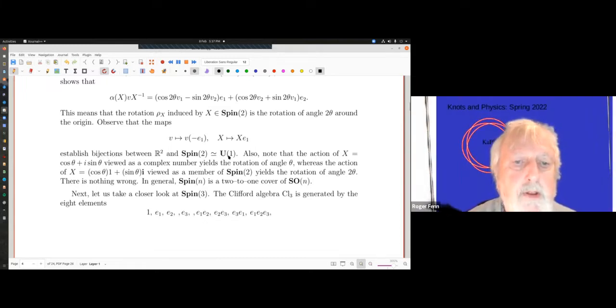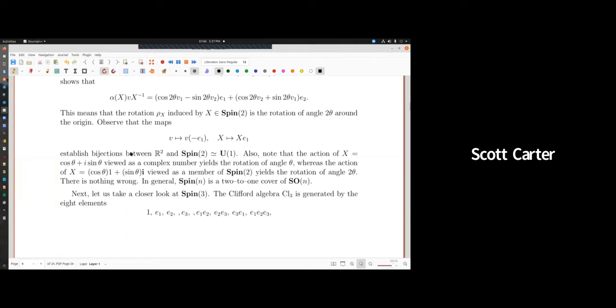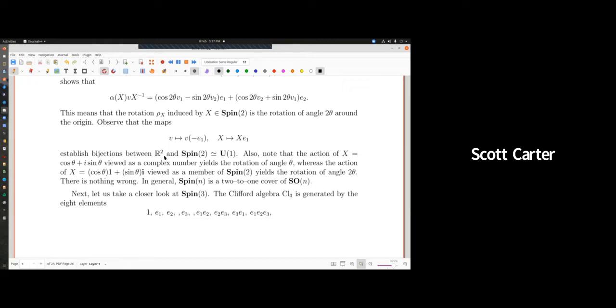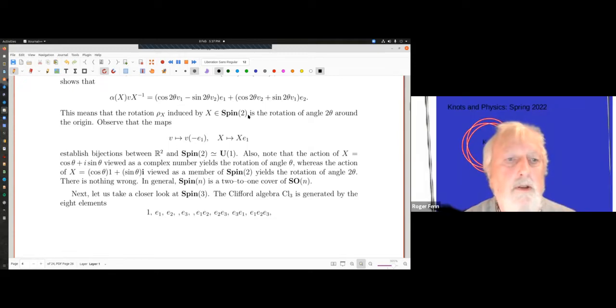Of course, they're different, aren't they? Oh, yeah, I hadn't noticed that. I didn't write that. This obviously is a mistake. Well, there may be a bijection between spin 2 and U1. So yeah, okay, well spotted.